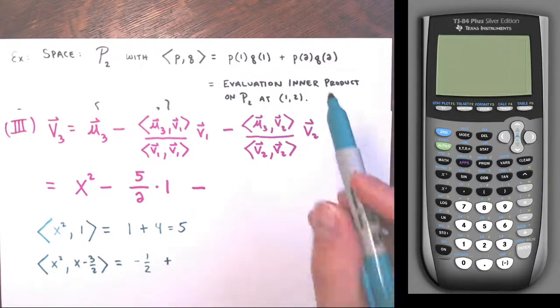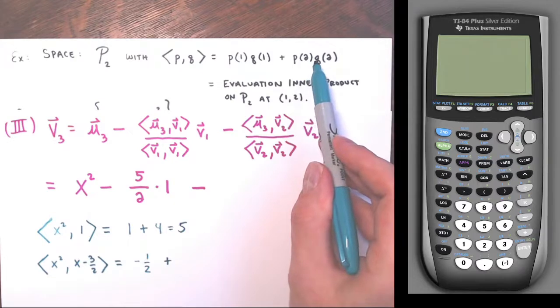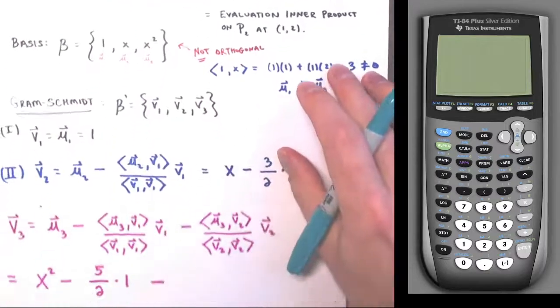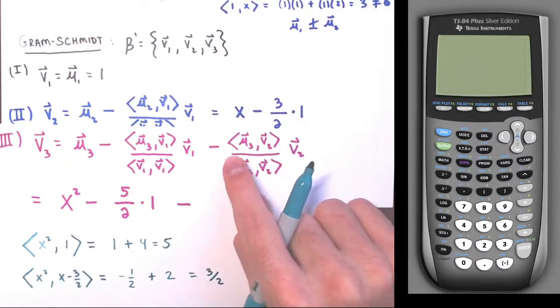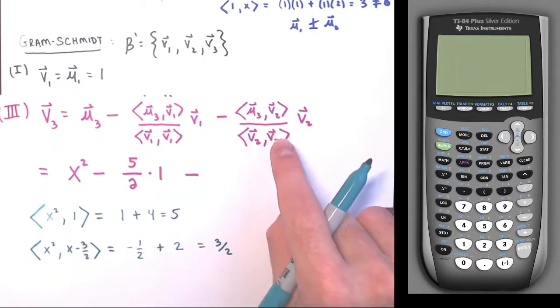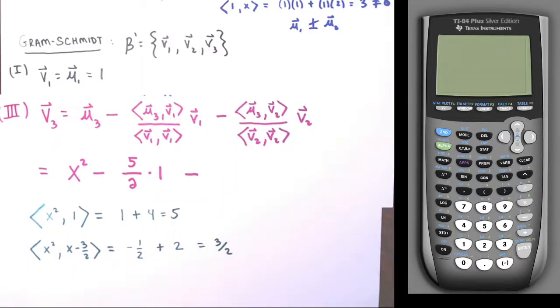Plus the product of the polynomials at 2. So 2 squared is 4, 2 minus 3 halves would be 1/2, 4 times a half is 2. And then negative 1/2 plus 2 is 3 halves. So the numerator of this second projection, subtracting the projection of u3 onto v2, is 3 halves.